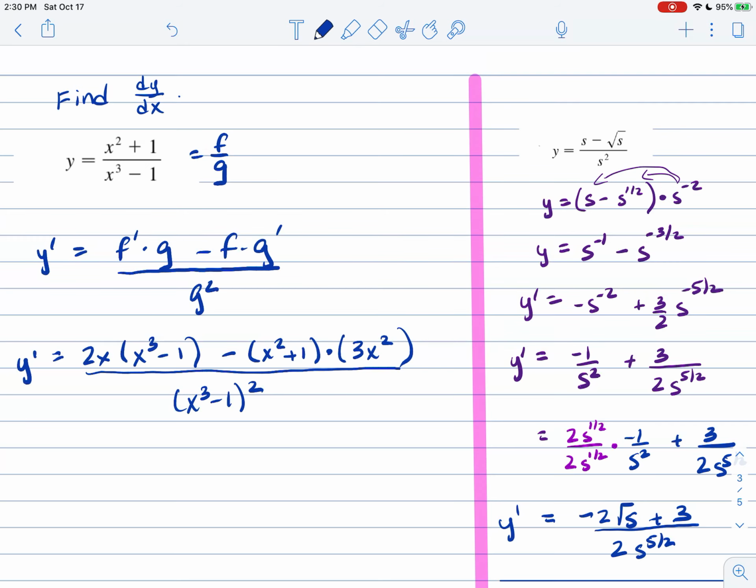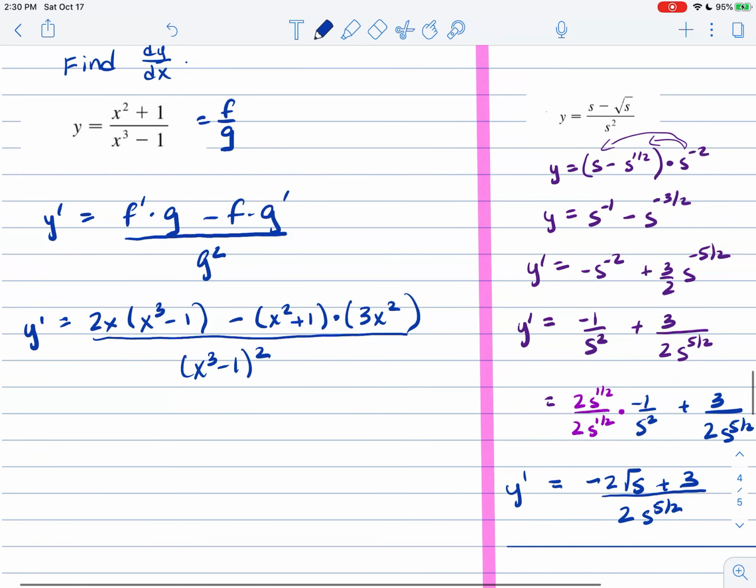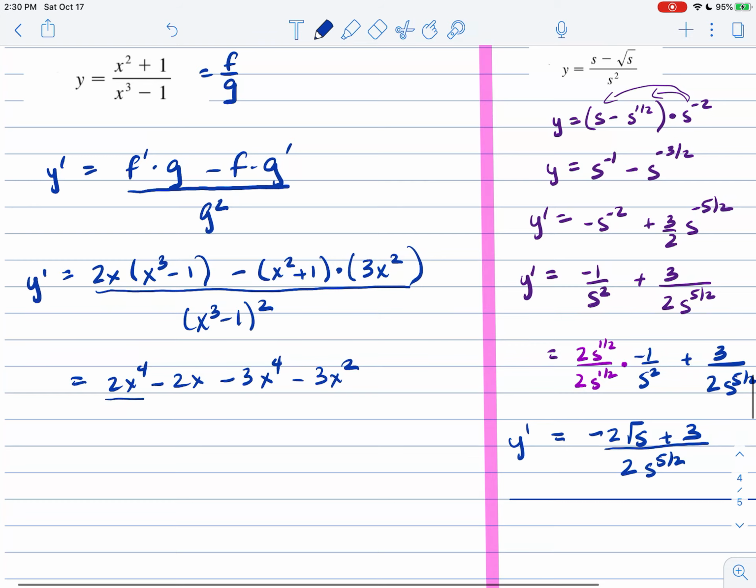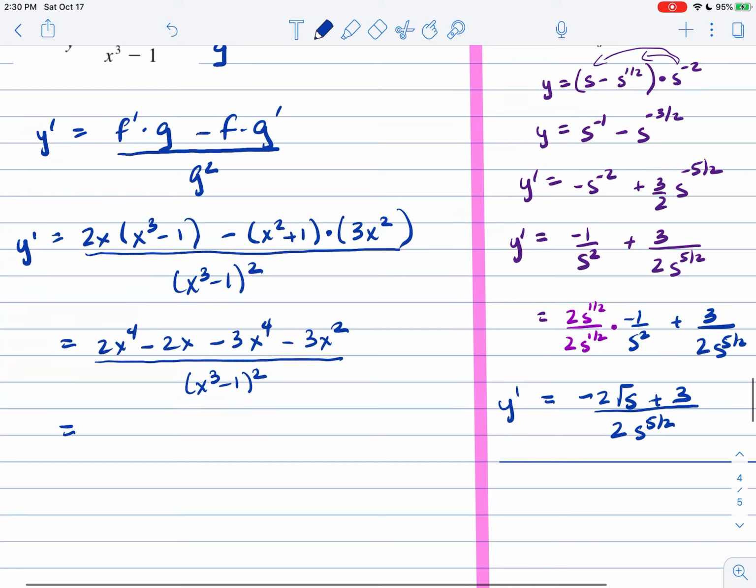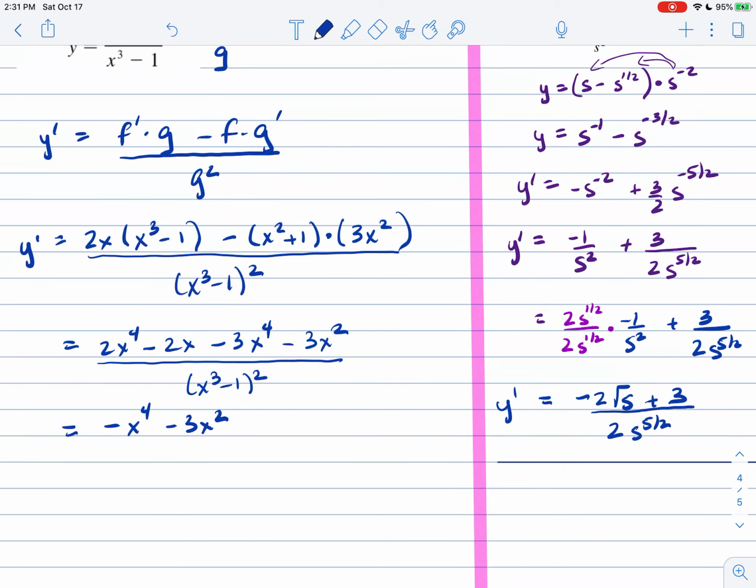Okay. And you'll want to clean things up and collect like terms here, and we will get 2x to the 4th minus 2x, and then this is going to be take away 3x to the 4th and take away 3x squared, and you'll want to clean those things up and put in descending powers. 2x to the 4th minus 3x to the 4th is minus x to the 4th, minus 3x squared, and then minus 2x, all over the bottom squared.